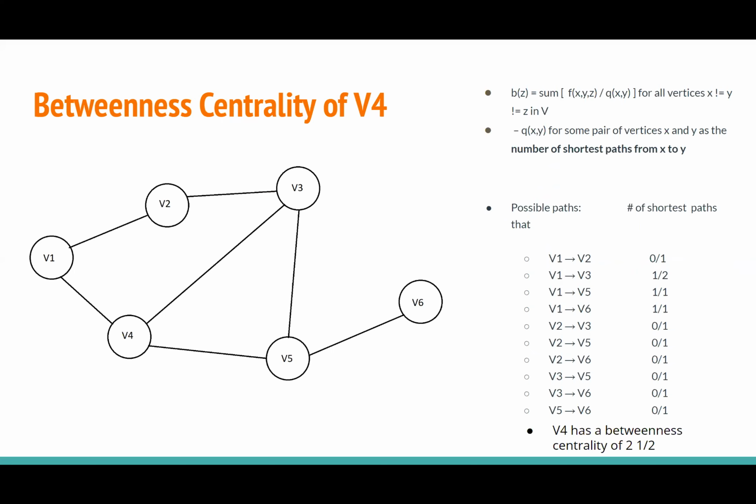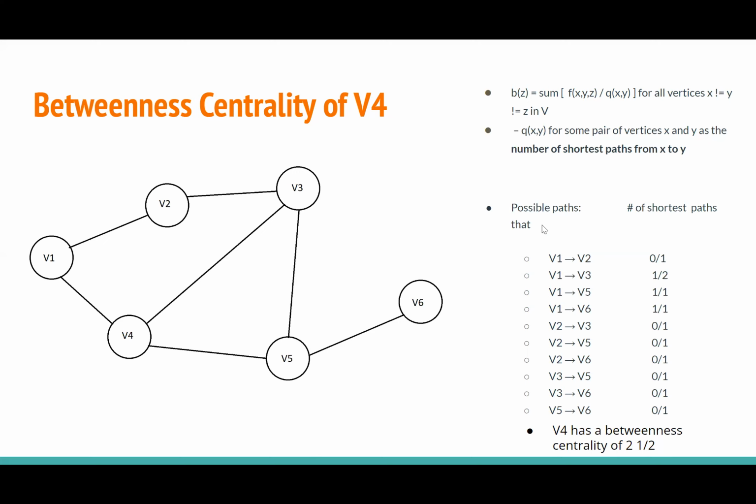The betweenness centrality formula is B of Z equals the sum of F of X, Y, Z over Q of X, Y, for all vertices X not equal to Y not equal to Z in V. So Q of X, Y is the number of shortest paths from X to Y. So you'll take the sum of all shortest paths from X to Y that include the focal vertex Z, over all shortest paths from X to Y.